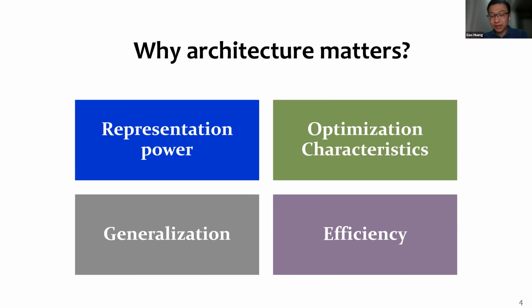And without these skip connections, people struggle to train a network which exceeds tens of layers. And the generalization property also depends on the architecture and of course the efficiency, right? Which will be our focus today.